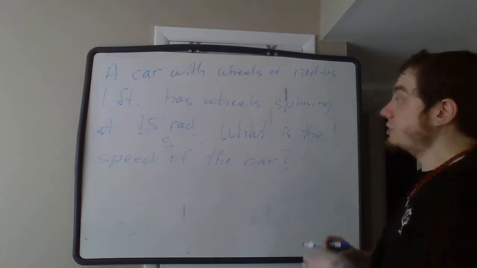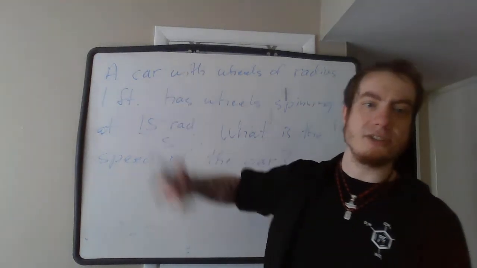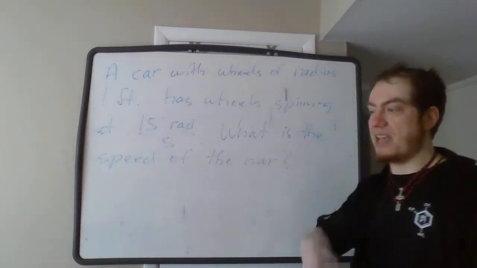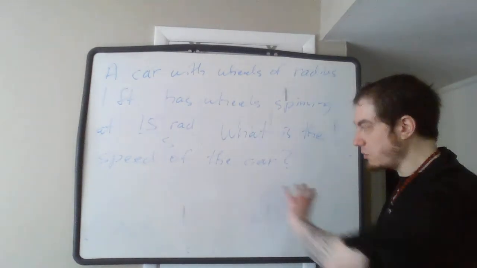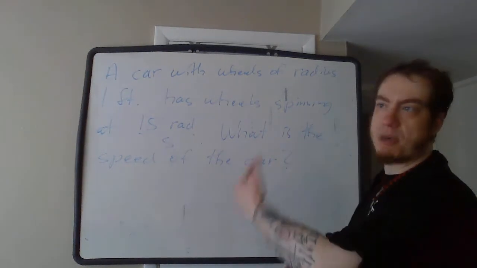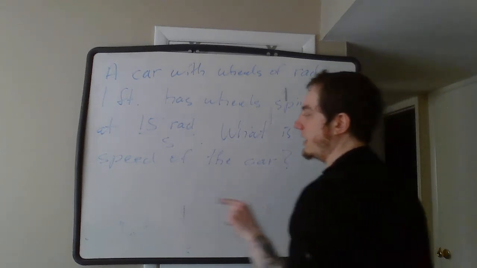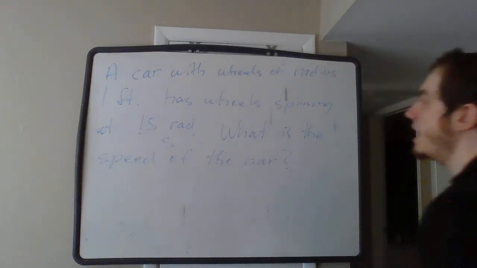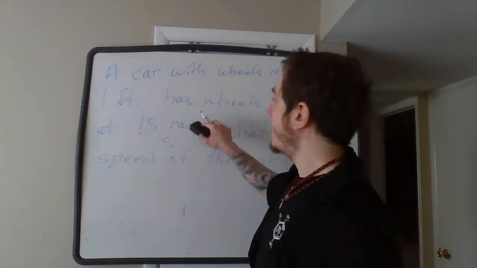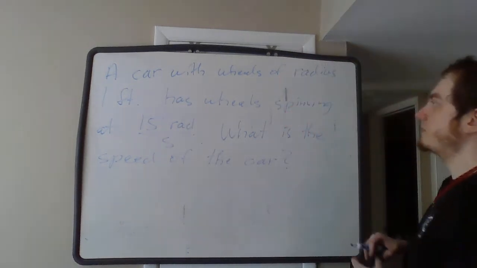Well, our basic question is, if I go through 15 radians, what is the distance around the circumference that the wheel goes? Because basically, as the wheel is turning, the ground is contacting the wheel at this bottom point. So as it turns, the distance that we go through on the wheel is the distance that we go forward. And then that gives us a distance, and we're going to have a distance per second.